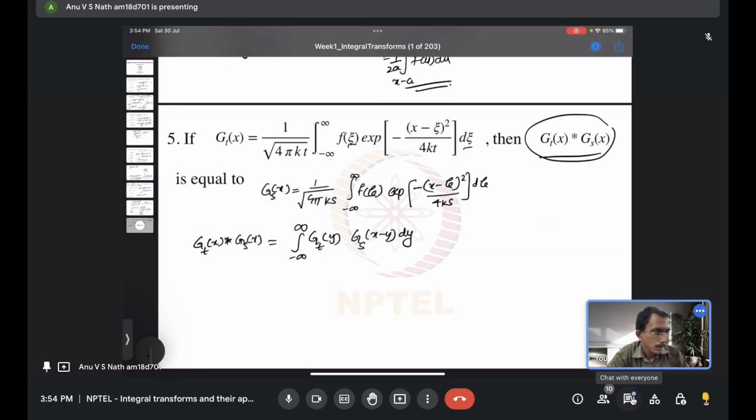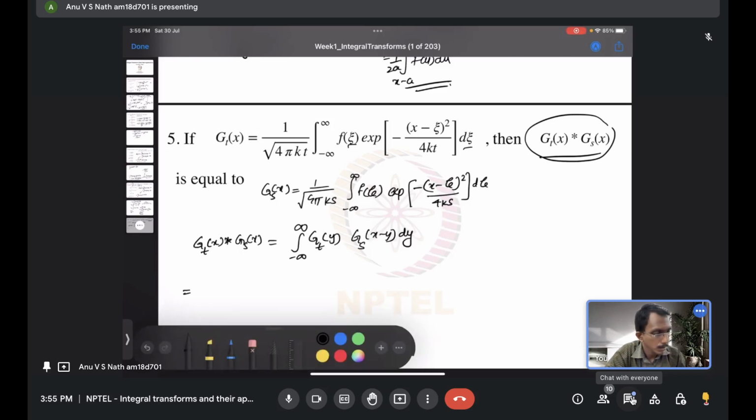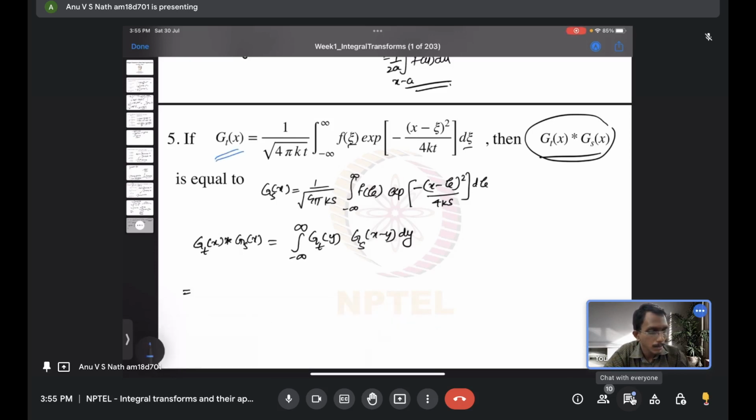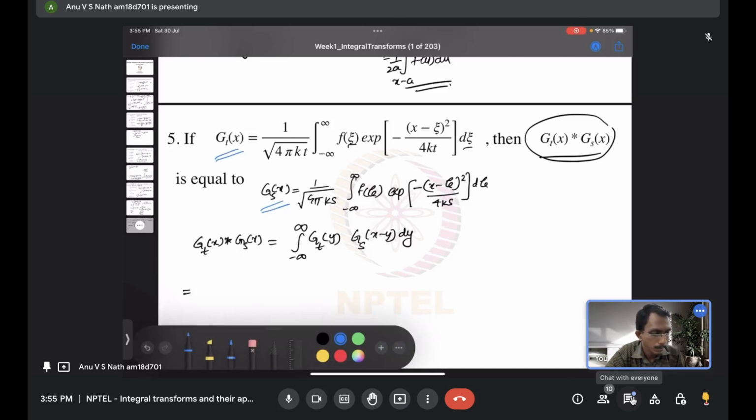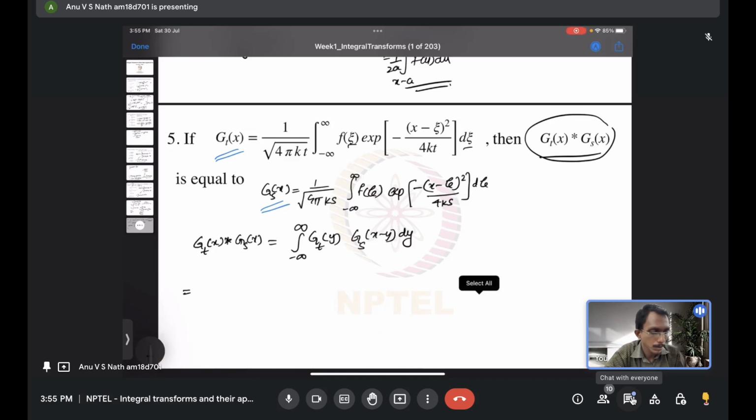Now we have to substitute the actual expressions for g_t and g_s in this integral expression, which we already have here. So the outer integral from minus infinity to plus infinity will be there. Then first we put g_t of y.